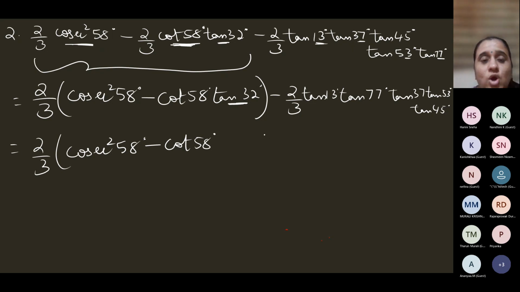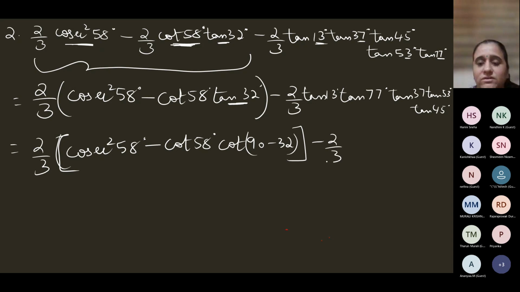Tan theta is cot 90 minus theta. So tan 32 is cot 90 minus 32. Yes or no, children? Minus 2 by 3.